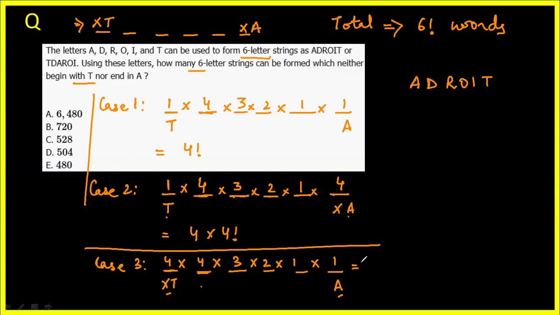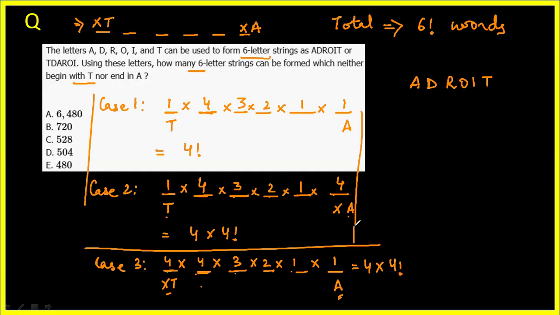So how many such words are there in which it ends with A but does not start with T? That is 4 into 4 into 3 into 2 into 1. Can we write 4 into 3 into 2 into 1 as 4 factorial? So it will be 4 times 4 factorial. Got this? These are the 3 cases which have to be subtracted from the total.